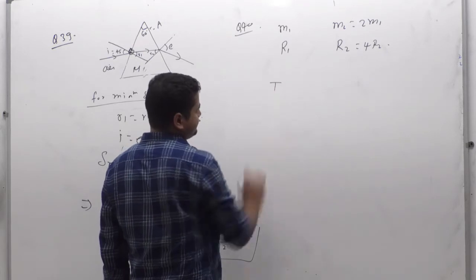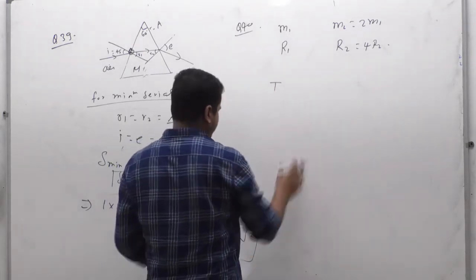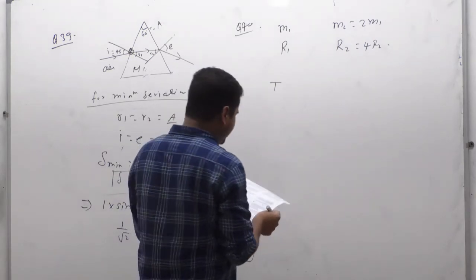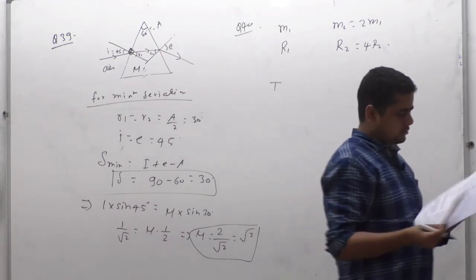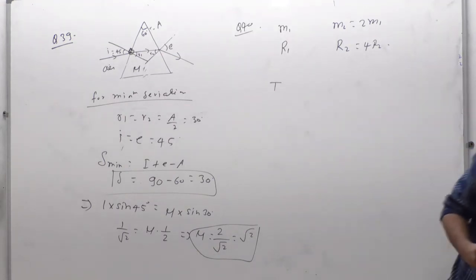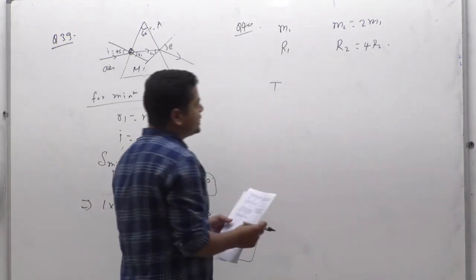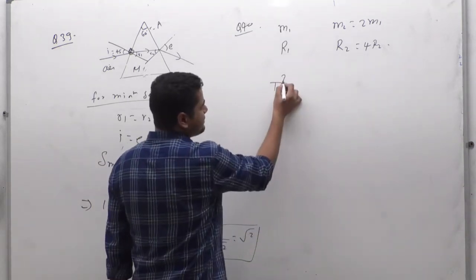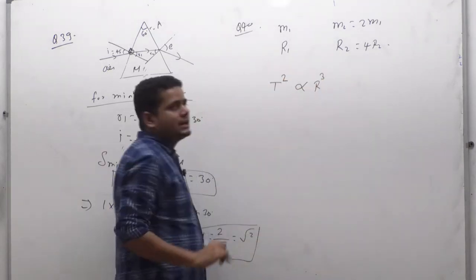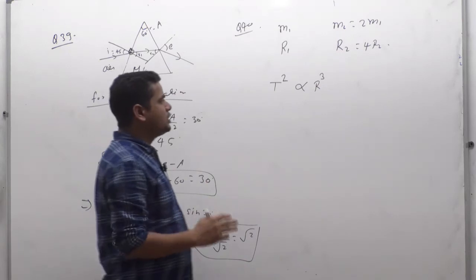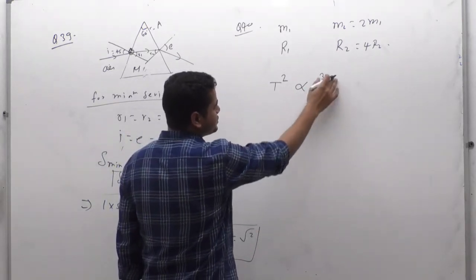We know Kepler's law, and according to Kepler's law, the time period is directly proportional to the radius to the power 3.